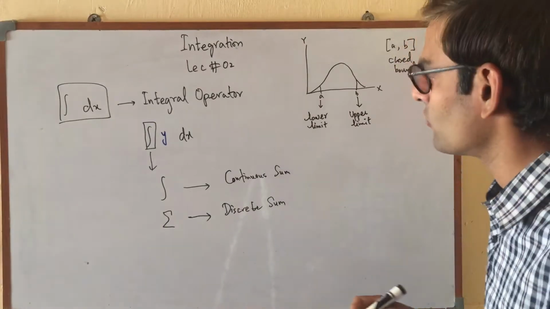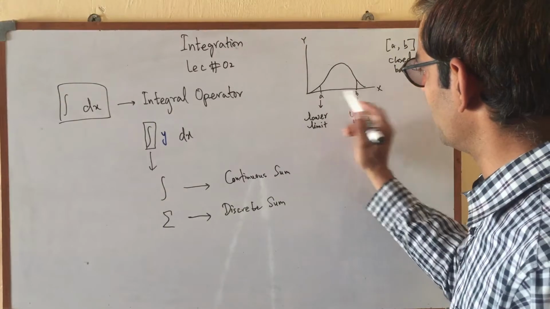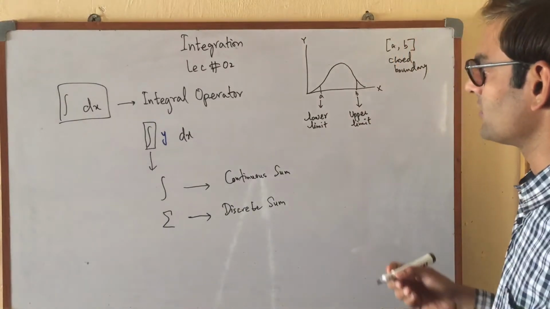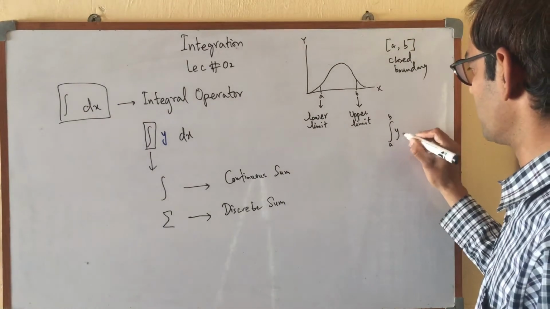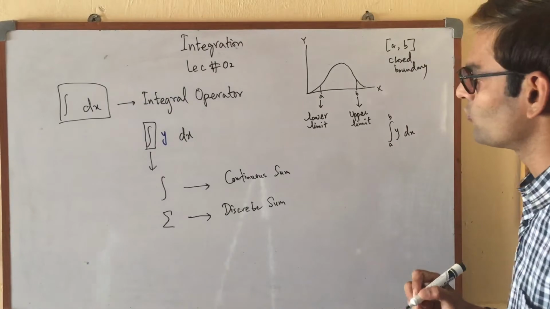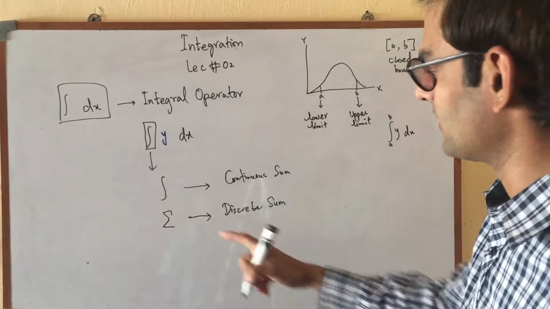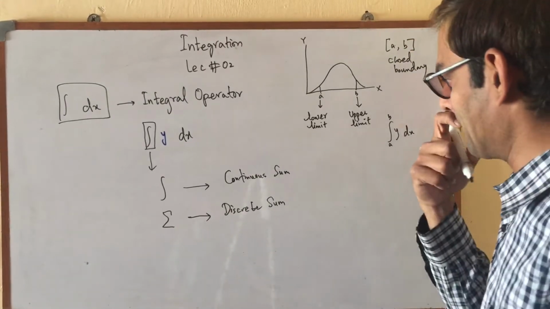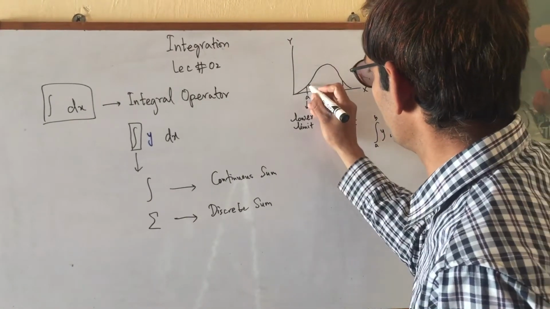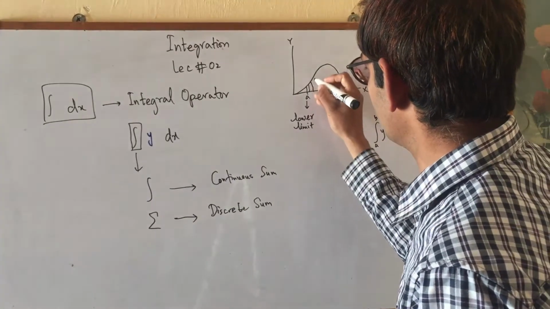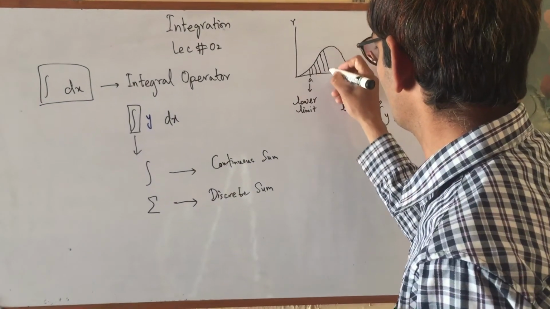Now you want to integrate from A to B. Continuously, you just apply the integral from A to B of your function y dx. If you want a discrete sum, you have to make different sections here.